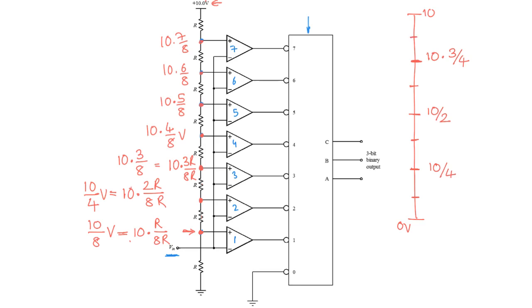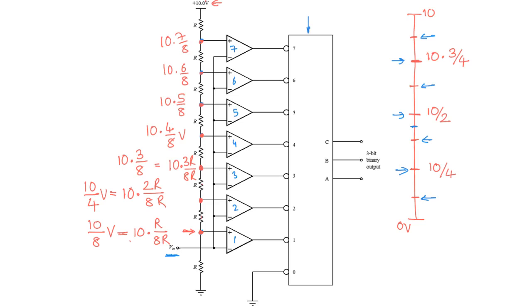Now, depending on where the analog voltage is, let's say for example that the analog voltage is somewhere here. Then the comparators that compare this analog voltage with respect to this voltage and this voltage, which are our comparators 1, 2 and 3, are going to give a low output, and comparators 4, 5, 6 and 7 are going to give a high output.